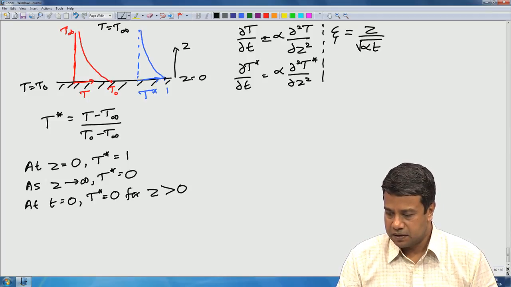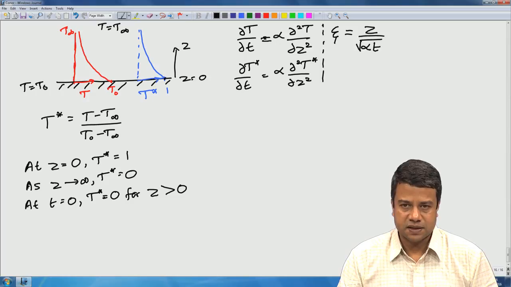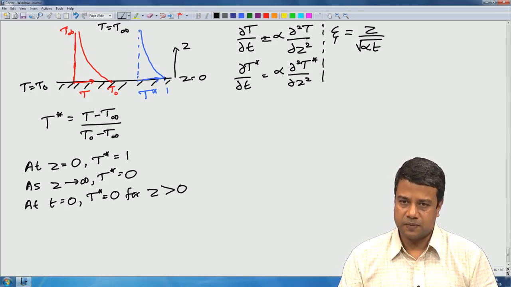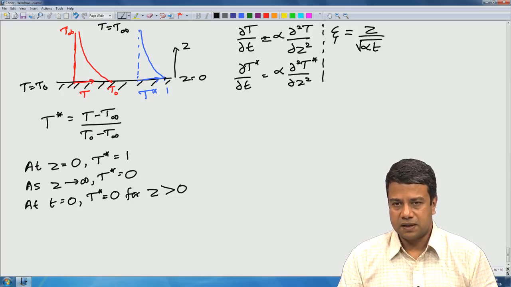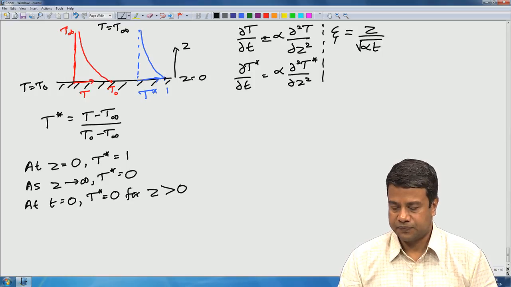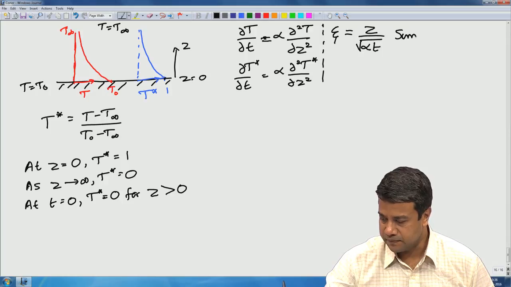So, in this problem, if I were to express both time and z in terms of this parameter psi, which is dimensionless, I should get a dimensionless equation which contains nothing else. This is a procedure that is called a similarity transform.